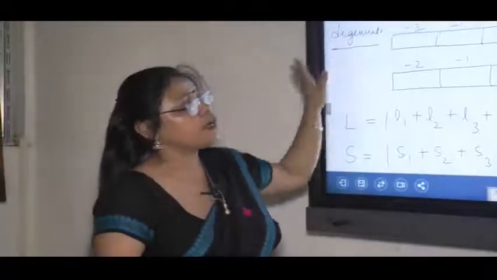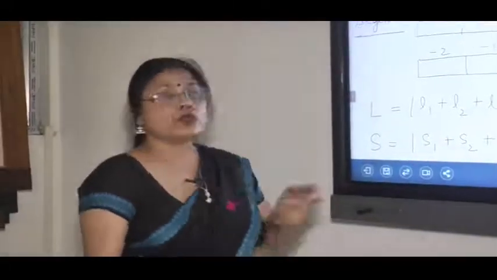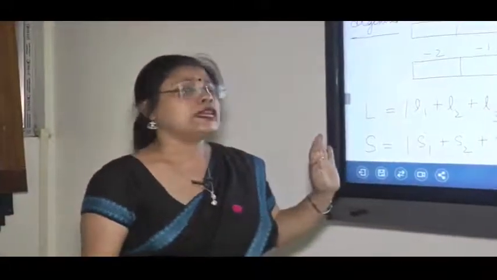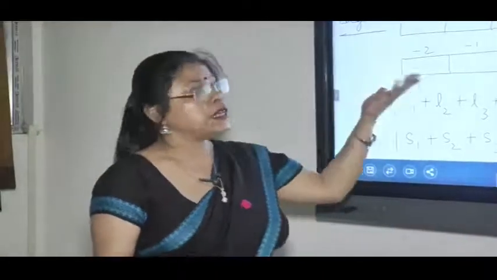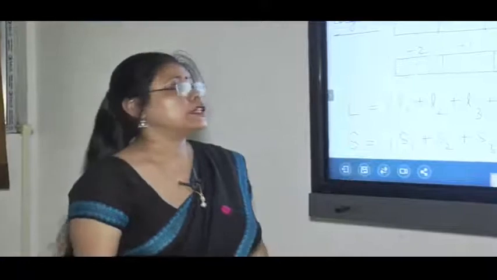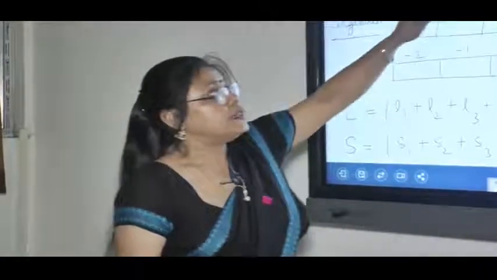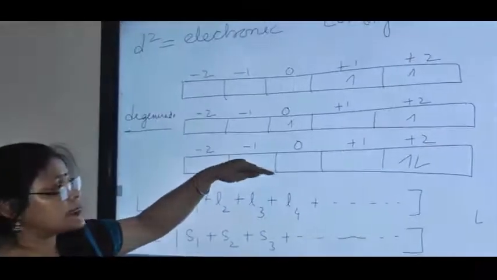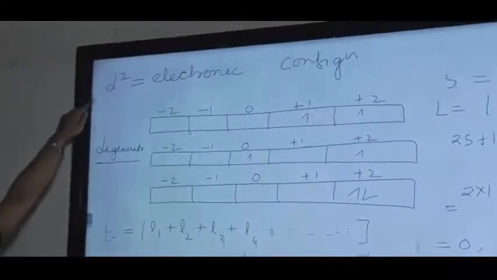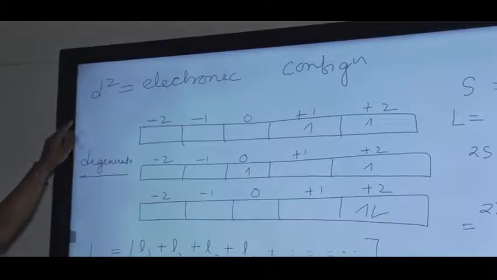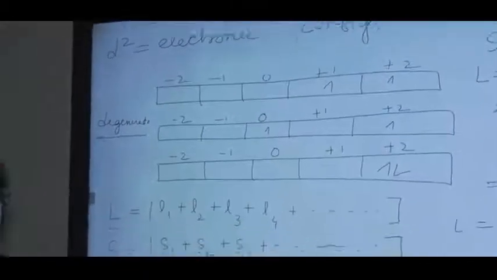So we cannot force any electron to occupy any position of our choice. They can occupy any position they wish. Now these are 3 different microstates for the same electronic configuration.